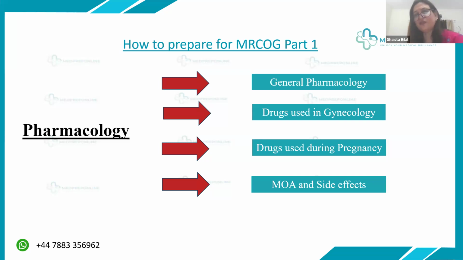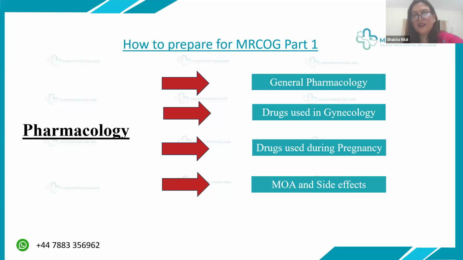What is the percentage of efficacy? And if you are taking an oral contraceptive pill and you forgot the pill, what will you do? So basic things you should know. Contraception is very important. It should be on your fingertips.